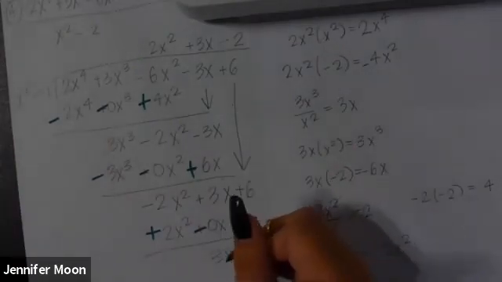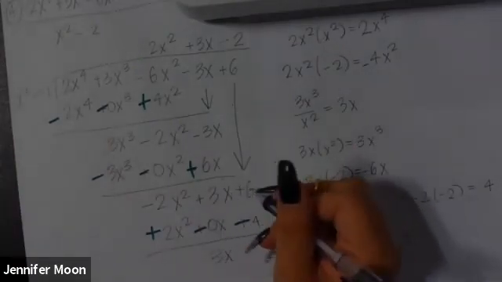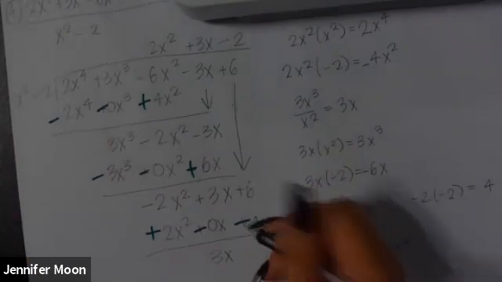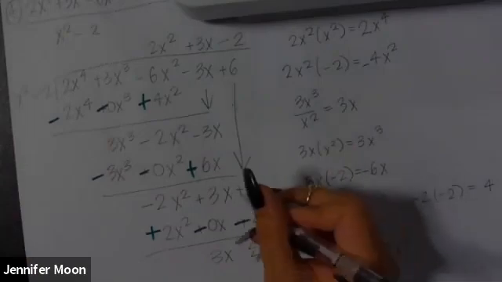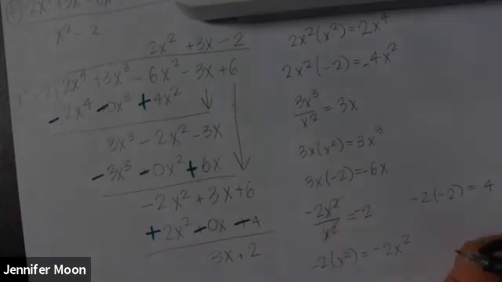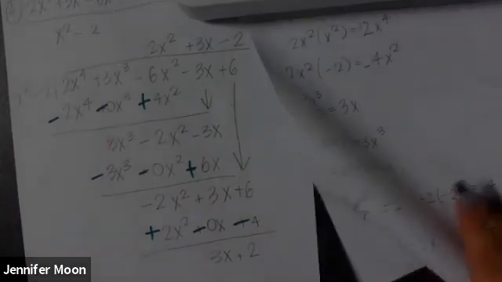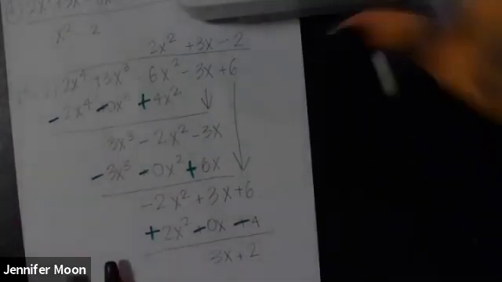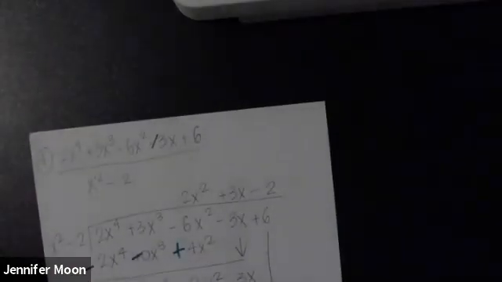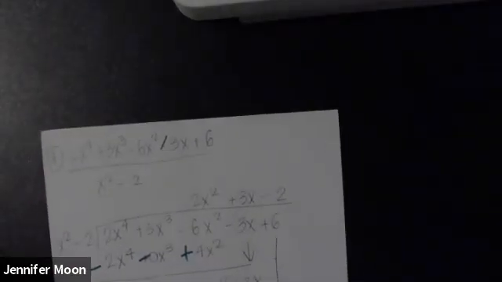Okay. So then if you scoot over right here, we've got a positive 6 and a negative 4. Signs are different. So you subtract, keep the sign of the larger number. And then what do I bring down? There isn't anything else to bring down. So that is our remainder.